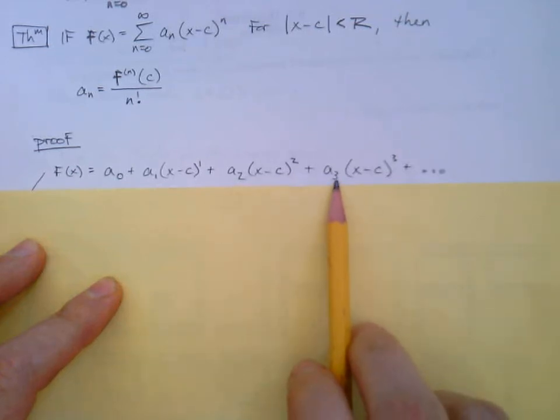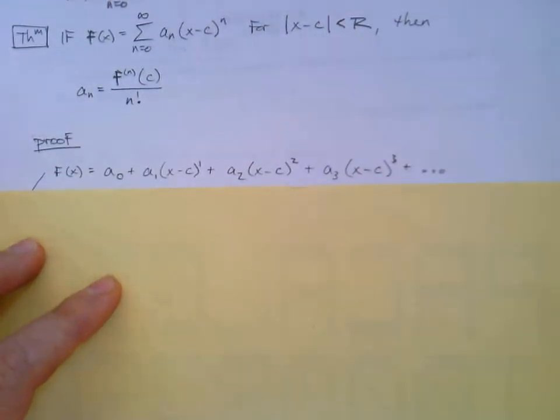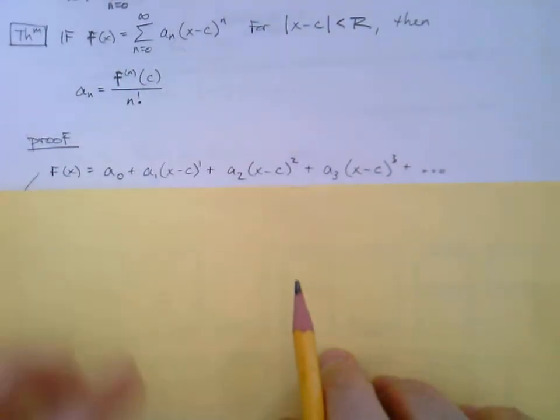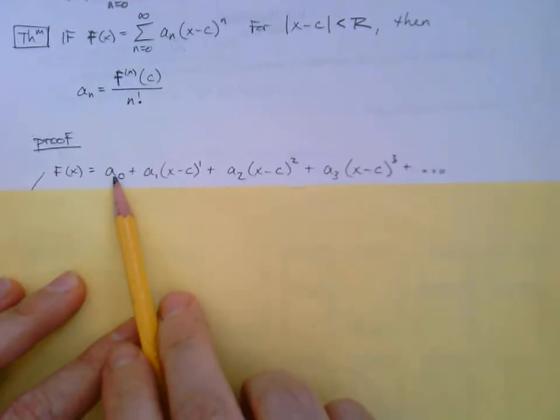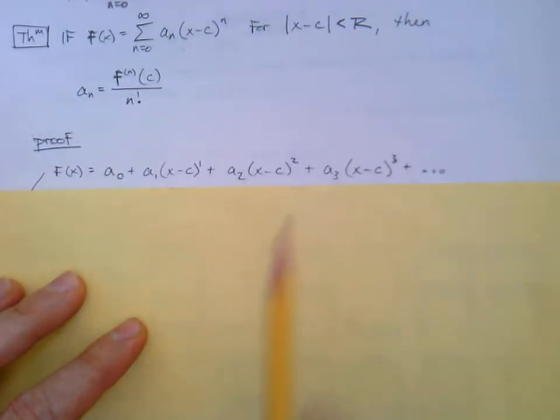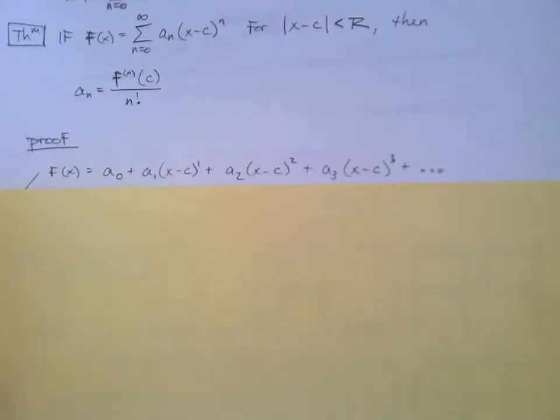The third term is a3 times the quantity to the third power, and so on. And of course, the question is, what's going on with the coefficients? Now, our a_n involves derivatives, so I'm going to take a few derivatives here, and then we'll explore the centered-at-c part.